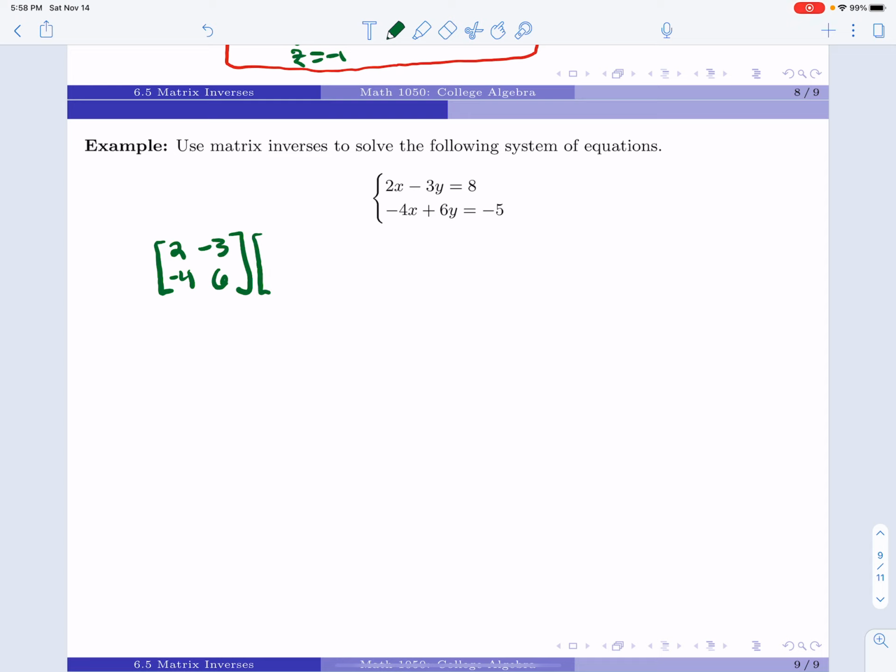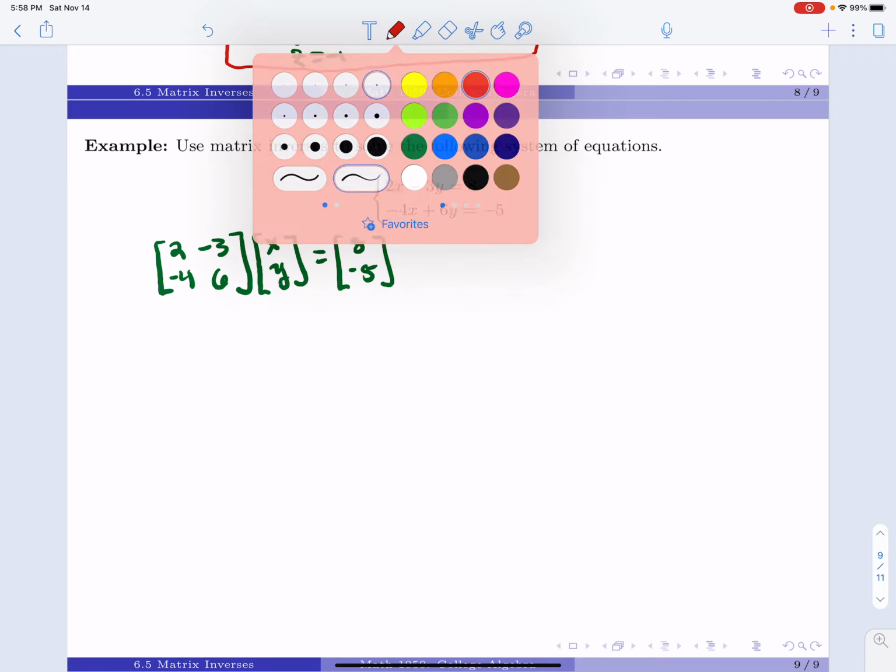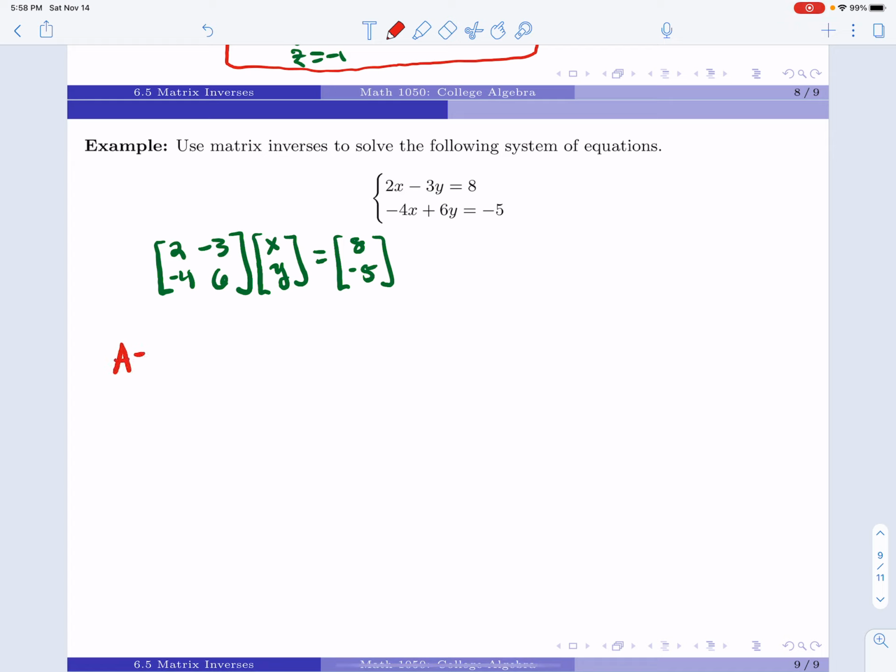Our variable matrix is x, y. And our constant matrix is 8, -5. Again, remember we need to solve this, so we'll multiply both sides on the left by the inverse matrix of our coefficient matrix, which we can find. So let our coefficient matrix be called A.